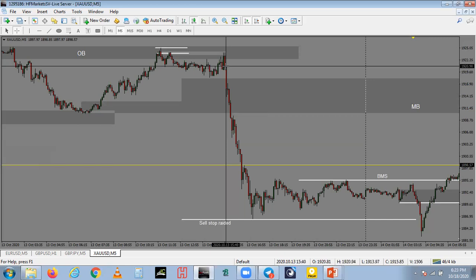Once market price passes 1920.90, you're going to be into that trade. Until market passes that price, 1920.90, you will not be in that trade.